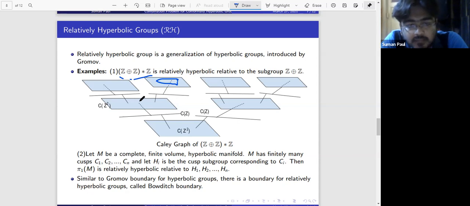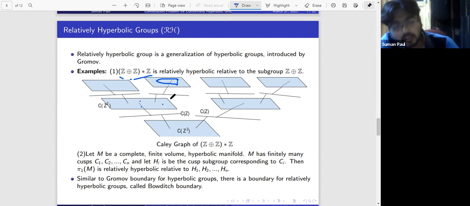Then if I take any 3 points in the new space, as it is a hyperbolic subspace, the triangle will be delta slim.